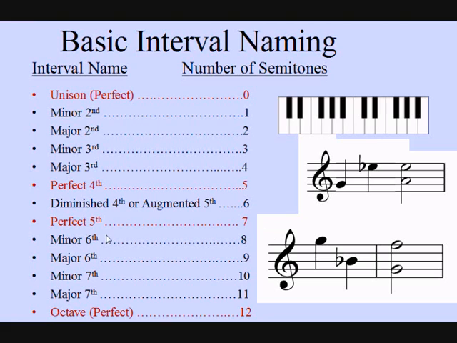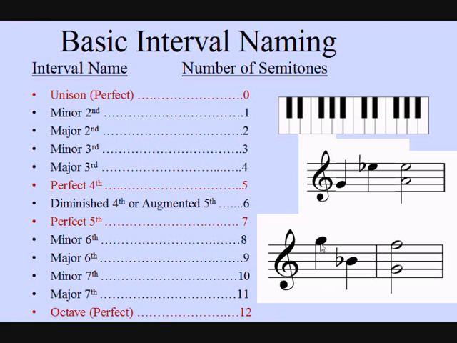Therefore, this is a minor sixth. What we have here is 1, 2, 3, 4, 5. This is a fifth. Let's just make sure that this is a perfect fifth. From A to E is 0, 1, 2, 3, 4, 5, 6, 7. Therefore, this is a perfect fifth.